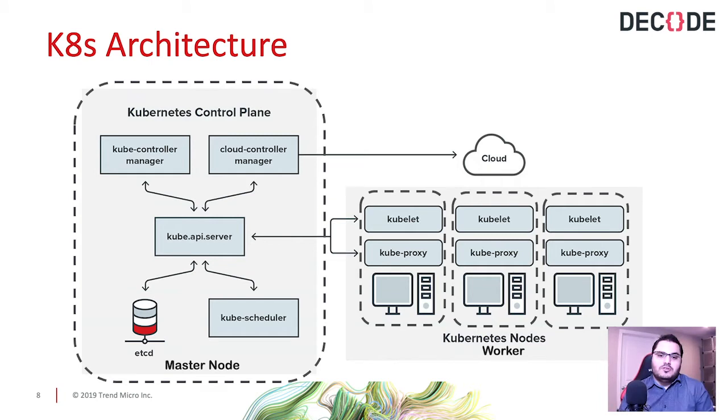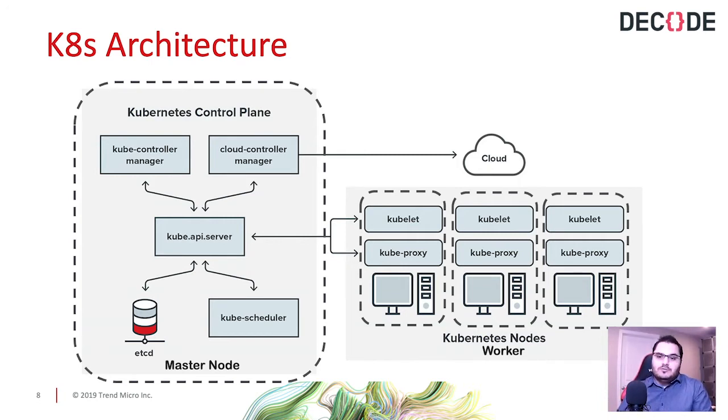You have the Kube Controller Manager, which is responsible for many internal tasks, like noticing when a node is not responding, maintaining the correct number of pods required for a specific application, stuff like that. And you have the Kube Scheduler, which decides where to execute the pods, so which node each pod is going to go into, right?